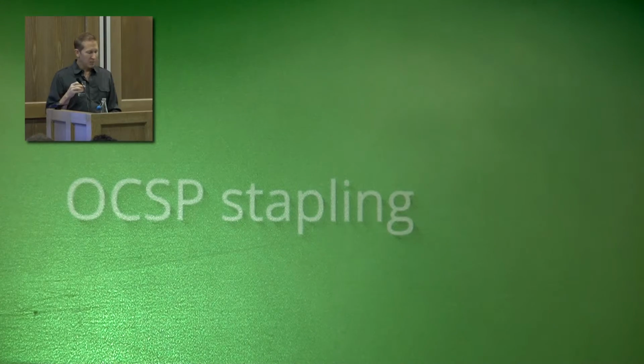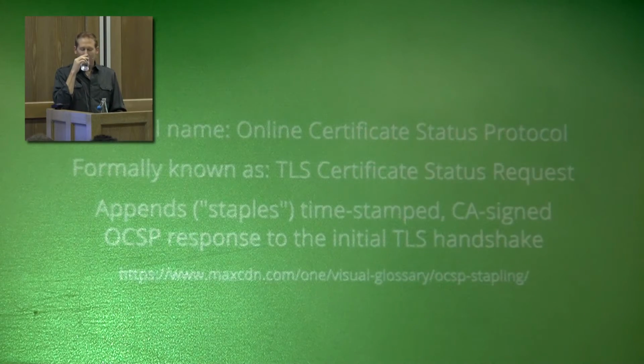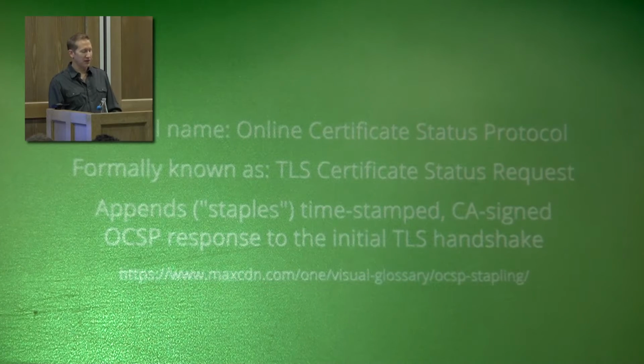So I'll talk a little bit about OCSP stapling briefly, once again, for time reasons. It was originally called the TLS certificate status request. It essentially appends, or staples, these time-stamped, certificate authority signed responses to the initial handshake.